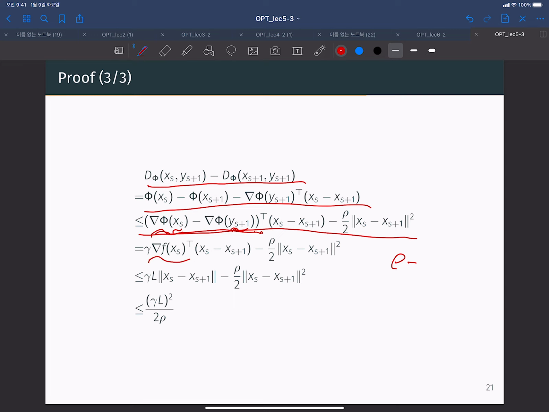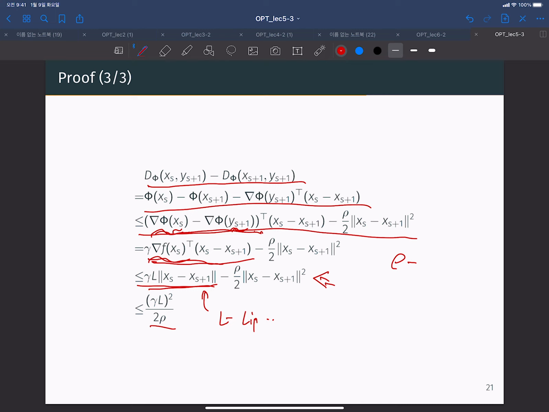And Lipschitz continuity gives this inequality, so we can upper bound this term by this. Then we can upper bound this term by this. Why?